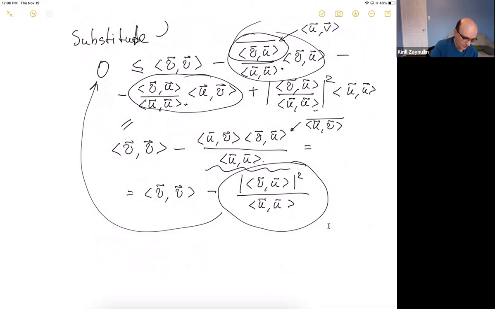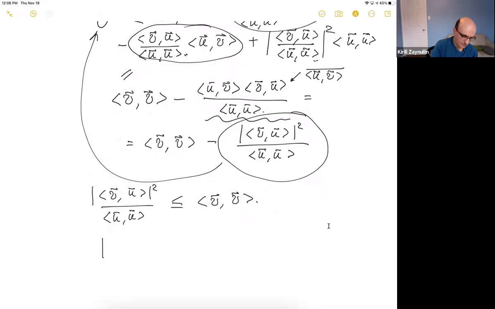Yeah. Okay, so let me write it. So of course we get this. Right? And then after multiplying both sides of this inequality, we get this.